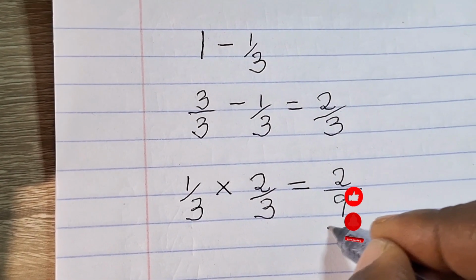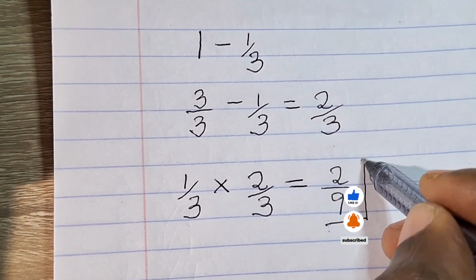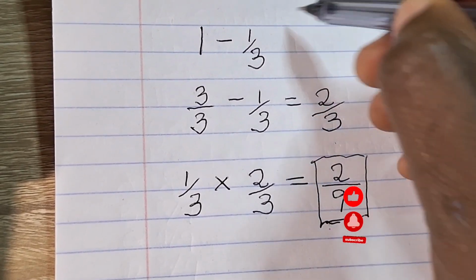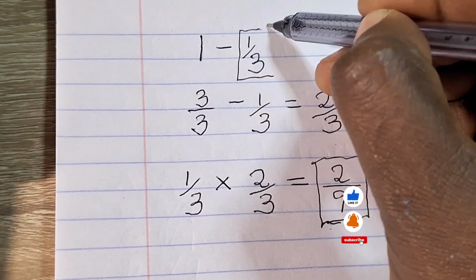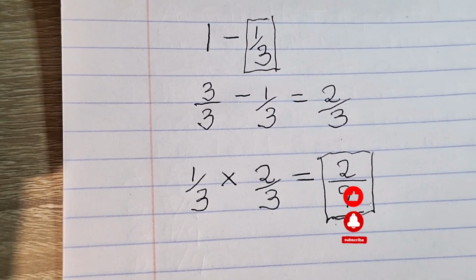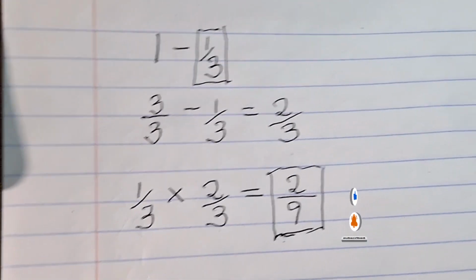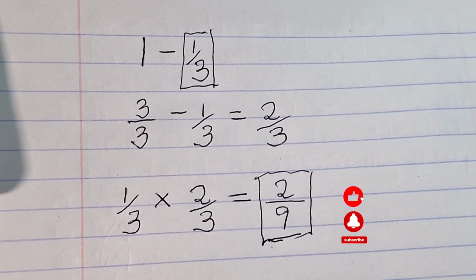This is the fraction he spent on video game. This is the fraction he spent on refreshment. So I'm going to add up these two fractions so that I know the fraction he spent already.